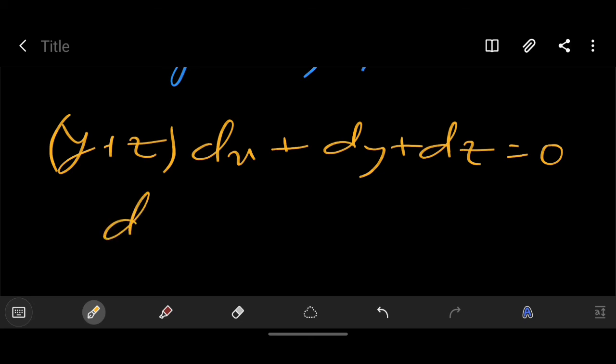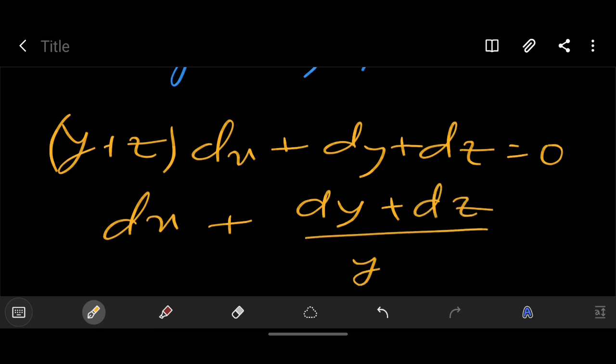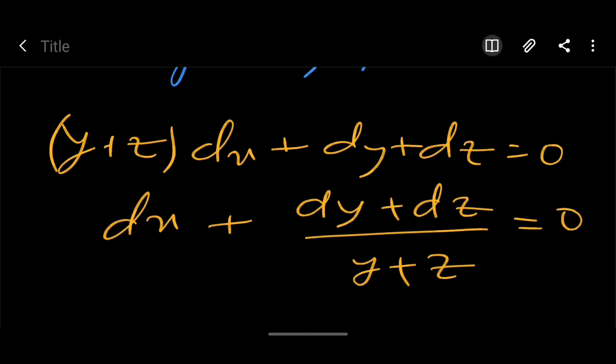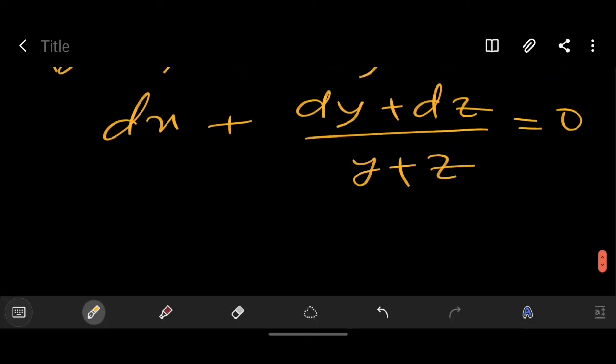So we get dx + (dy + dz)/(y + z), because dy/(y + z) plus dz/(y + z), if we take the LCM, will give just this. Then we can integrate, and here we get just x, plus the integral of (dy + dz)/(y + z).